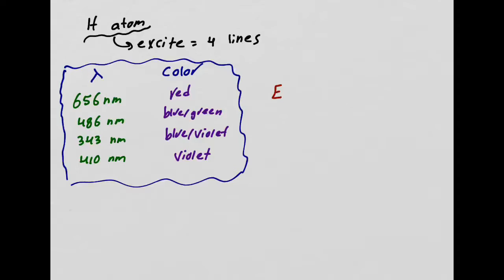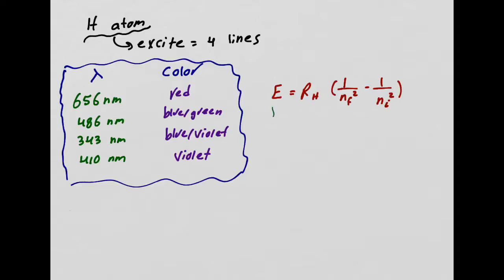Here's our next equation. Energy is equal to minus RH times 1 over n final square minus 1 over n initial square. The RH is the Rydberg constant.